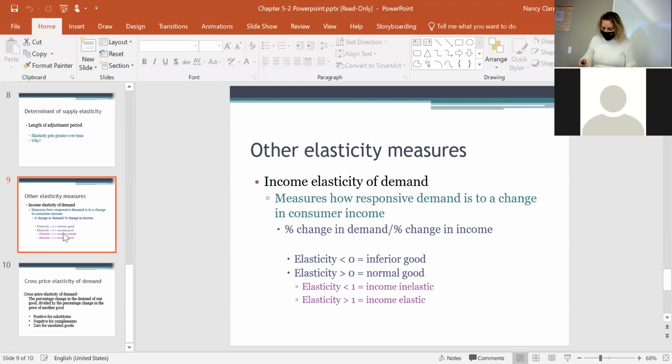And so let's go through and do a quick example here, okay? I'm going to do one up on the board here, for this income elasticity of demand. The thing I'm going to do though, is I'm not going to use the midpoint formula.